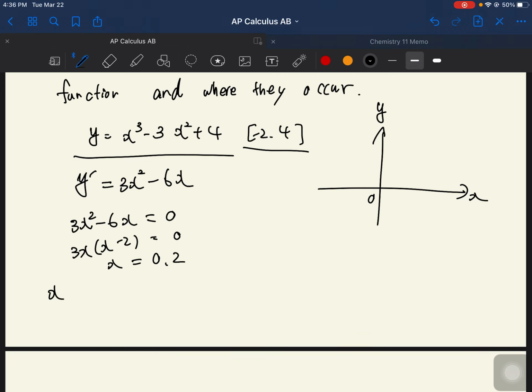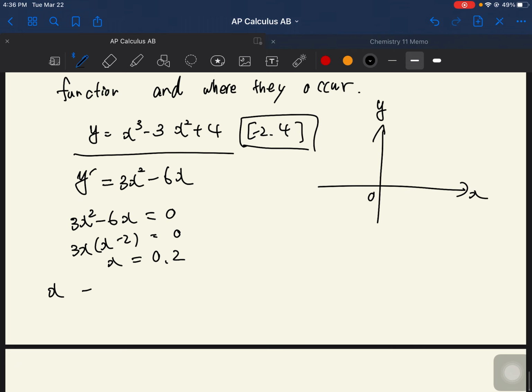So let me have the diagram here. The domain is between -2 and 4, and let me just add critical points here. Then let me write y prime. Again, when x equals 0, y prime equals 0. And let's find if it increases or not.